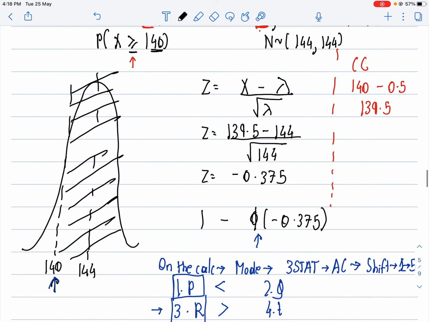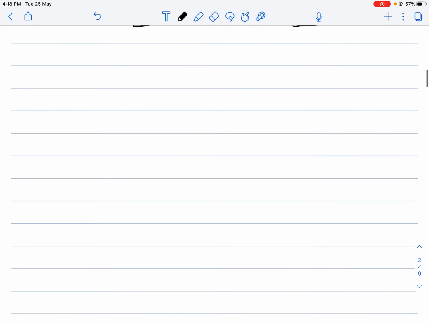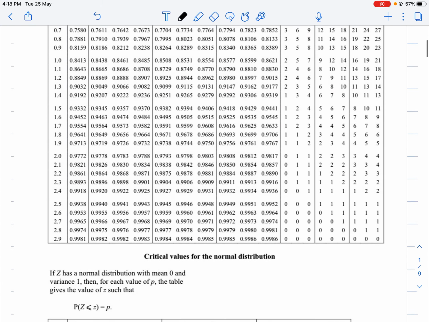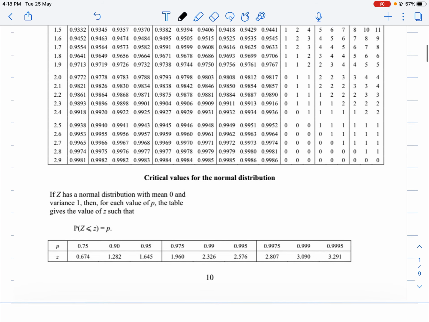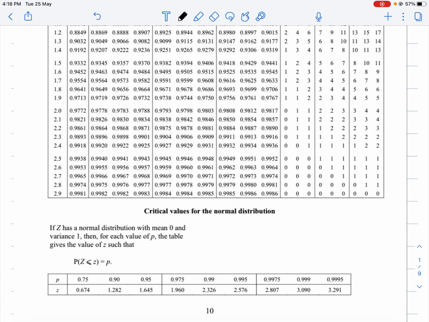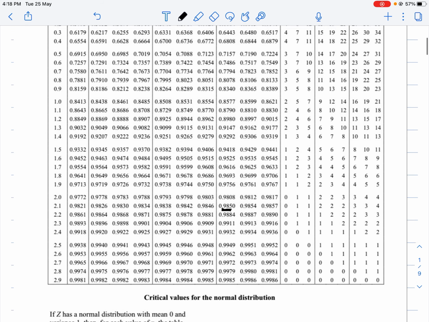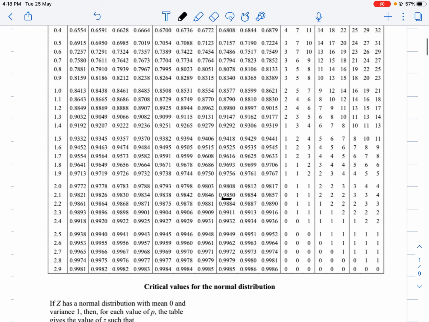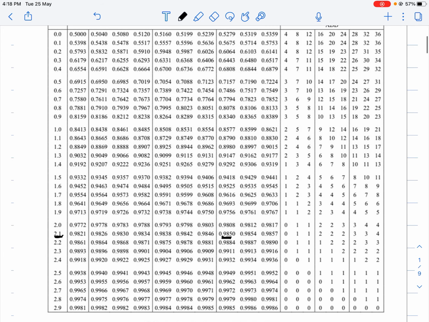So I can go to the table and look up 0.985. If you see, 0.985 is nowhere in the critical values list, so it is somewhere here. So I get 2.17, where 2.1 is here and 7 here.